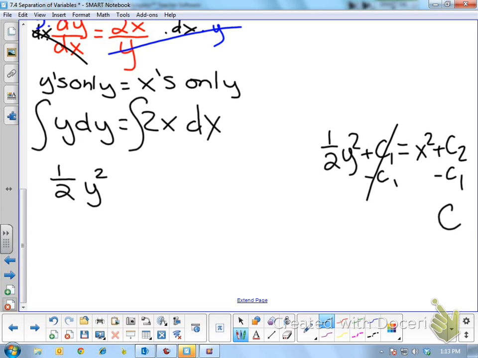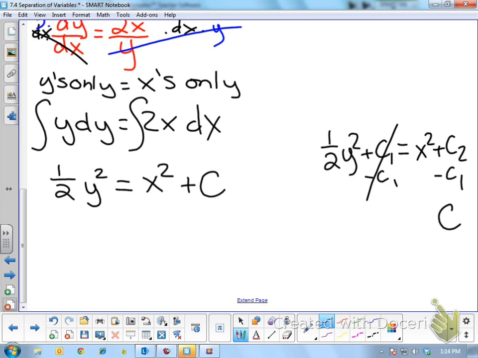So we usually do not write the constant on the left. We just skip to writing plus c at the very end, because that way we don't have to write c1 and c2 and subtract and combine. It's always going to come out as plus c on the right. We integrate the other side, x squared plus c.